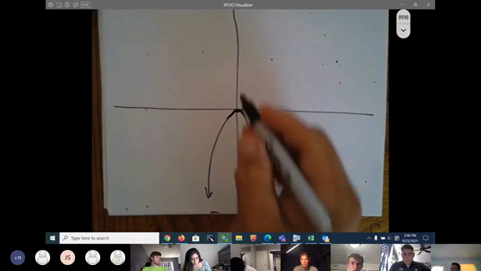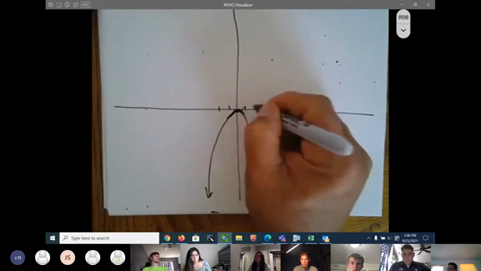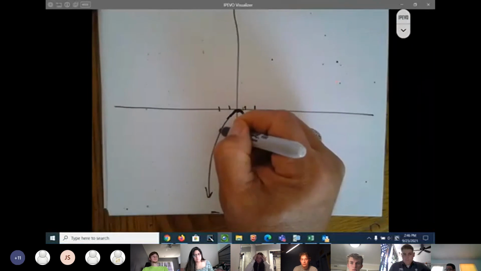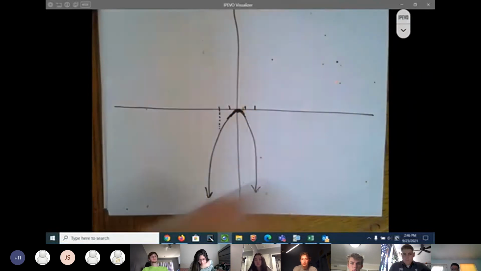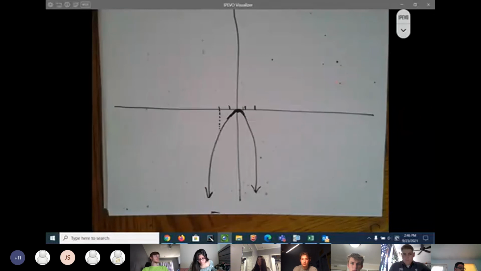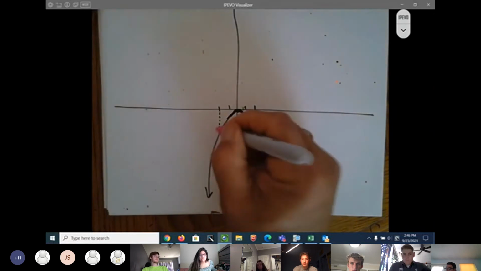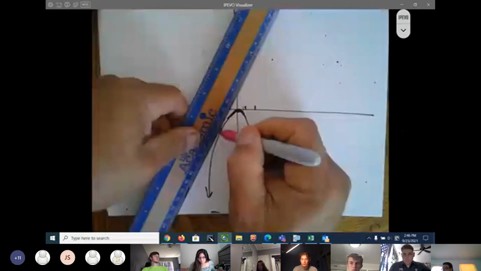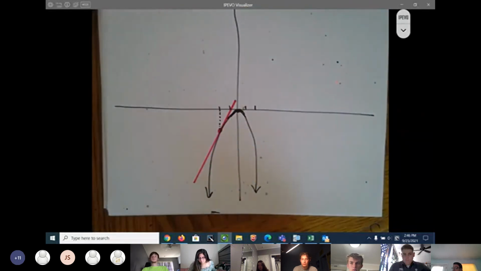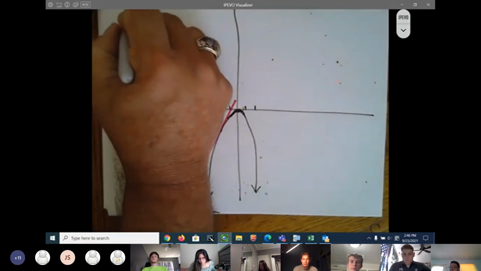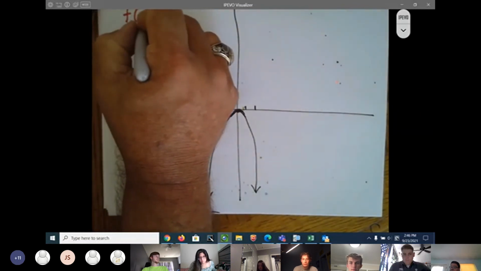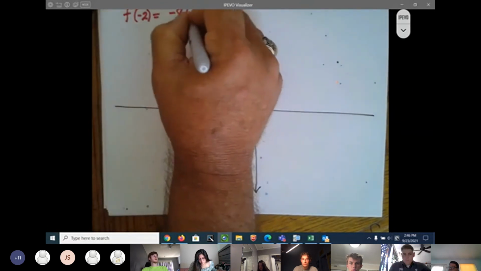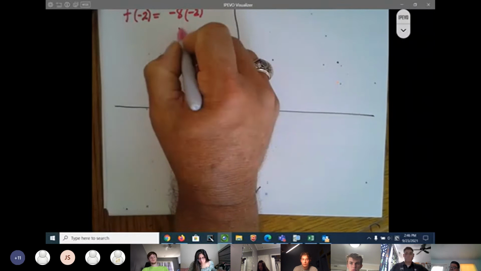So let's pick a point. Negative 1, negative 2, positive 1, positive 2. I'm going to pick a point at negative 2, and we're going to color it magenta and draw a tangent line. f prime of negative 2 is equal to negative 8 times negative 2, which is positive 16.